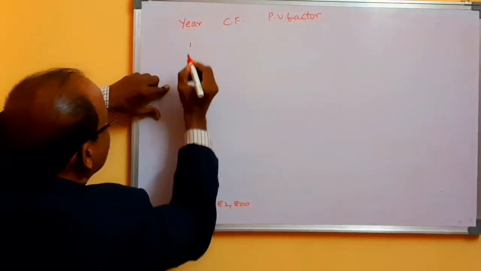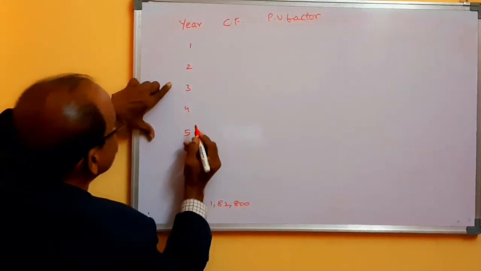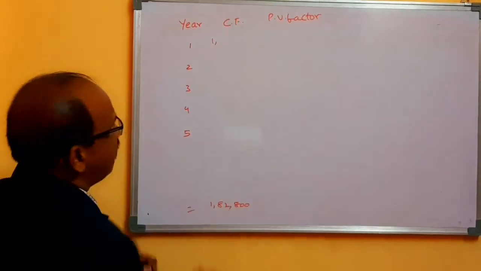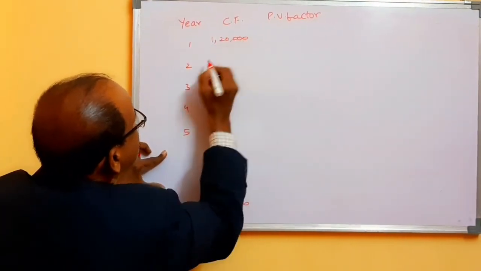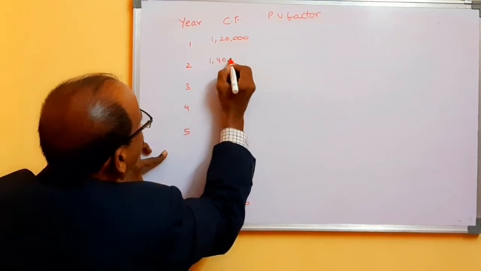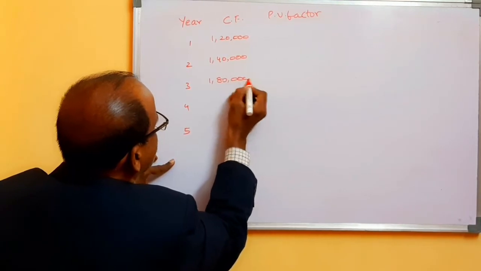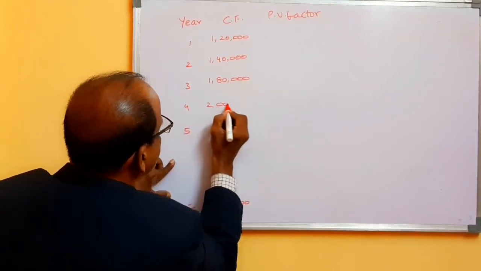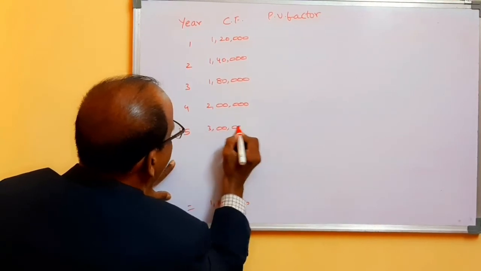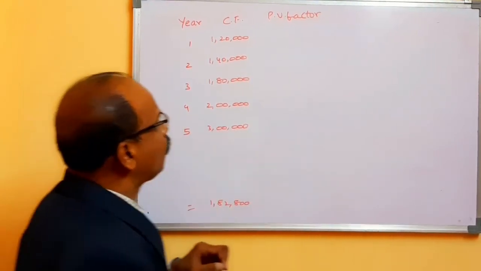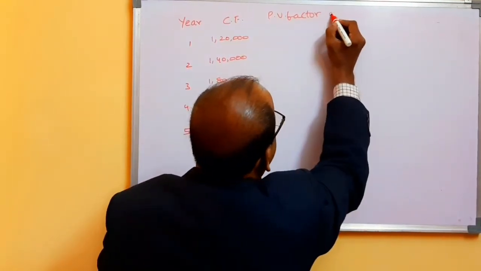Here: 1, 2, 3, 4 and 5. First year cash flow 1,20,000. Second year 1,40,000, 1,80,000, 2 lakhs and 3 lakhs. Now we take the PV factor at 26%.